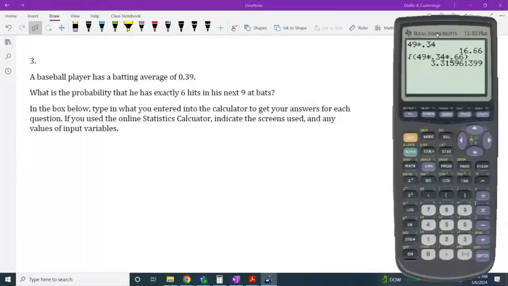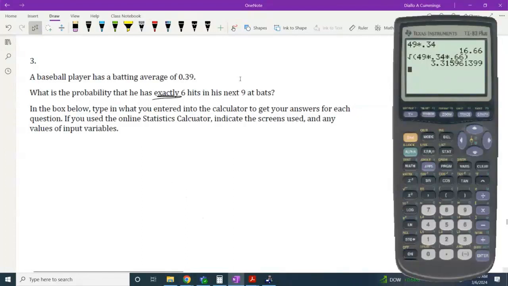It says a baseball player has a batting average of 0.39. What is the probability that he has exactly 6 hits in his next 9 at-bats? It says in the box below, type in what you entered into the calculator. So we're going to work all of that out here.